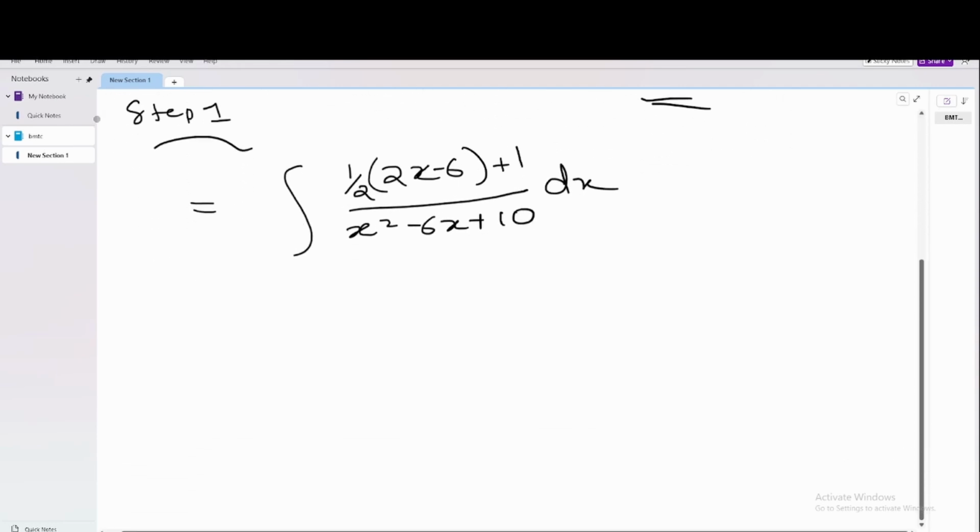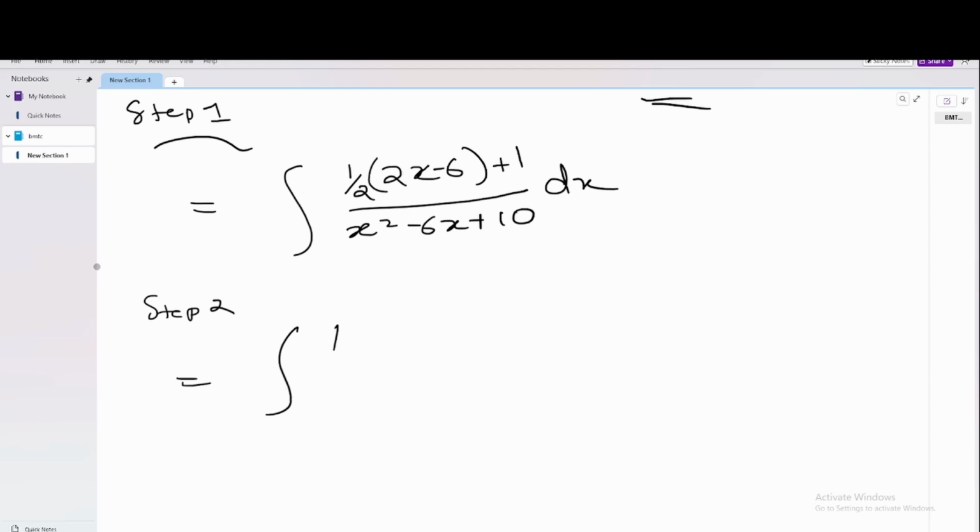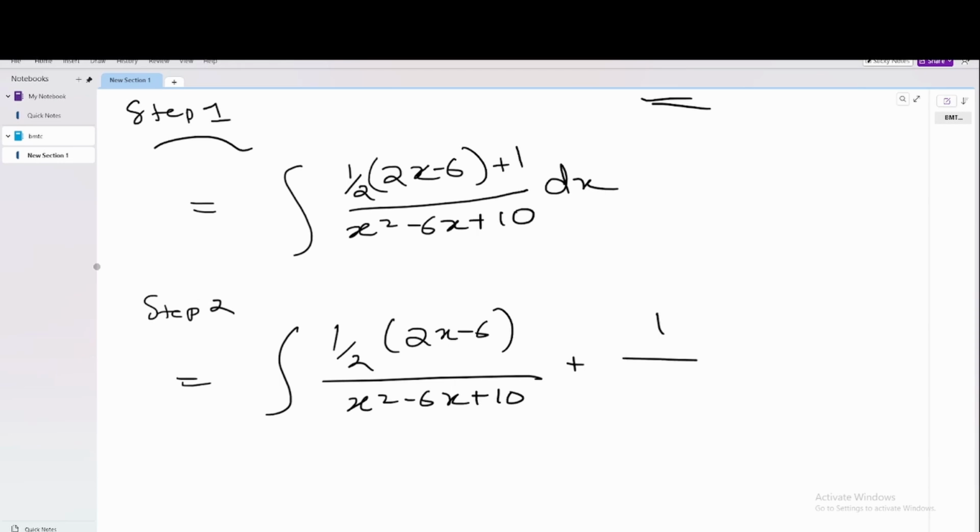So we can split this term like this, plus 1 by x square minus 6x plus 10.